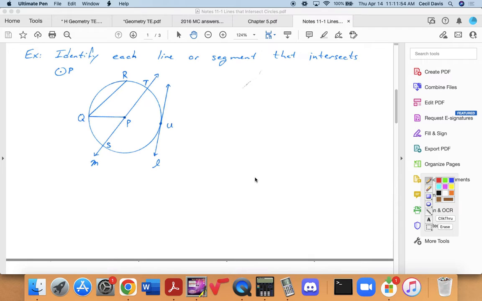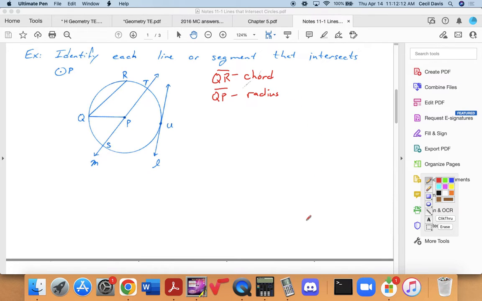All right, so I'm going to start on the left. Segment QR, that's a chord. What about segment QP? We haven't talked about this, but you all know it. That is a radius. How'd you know that?